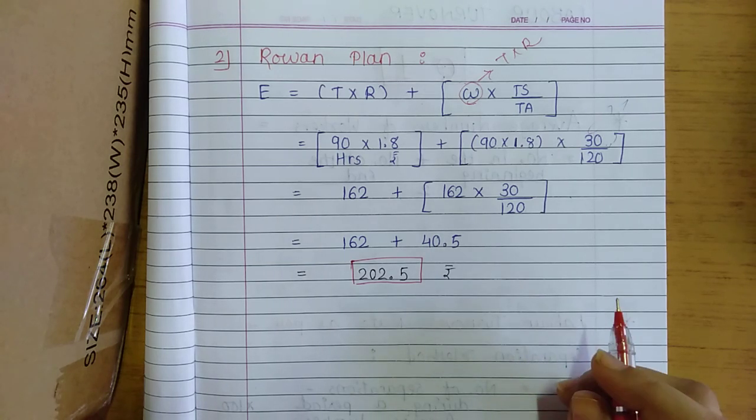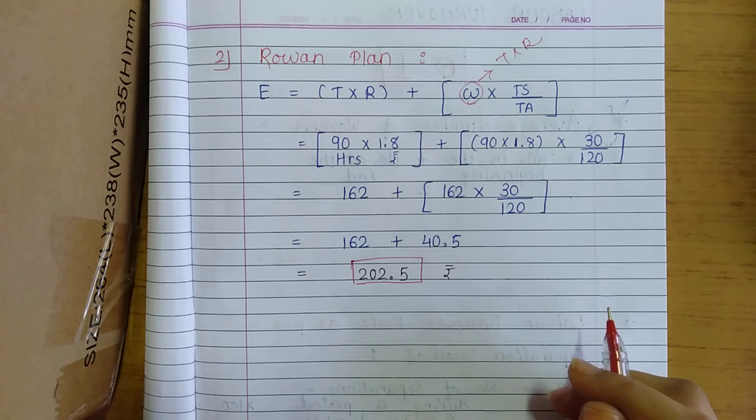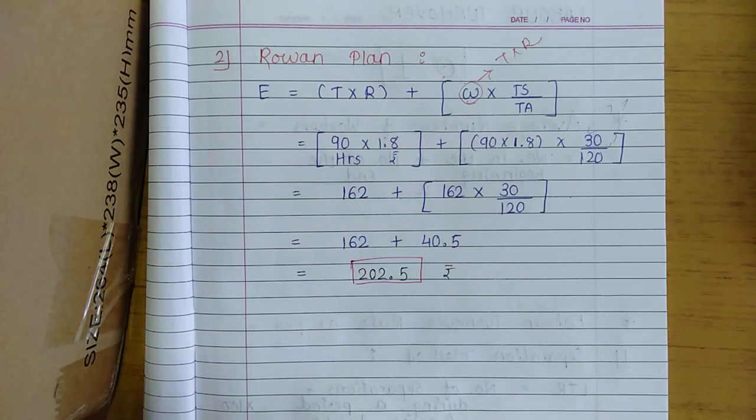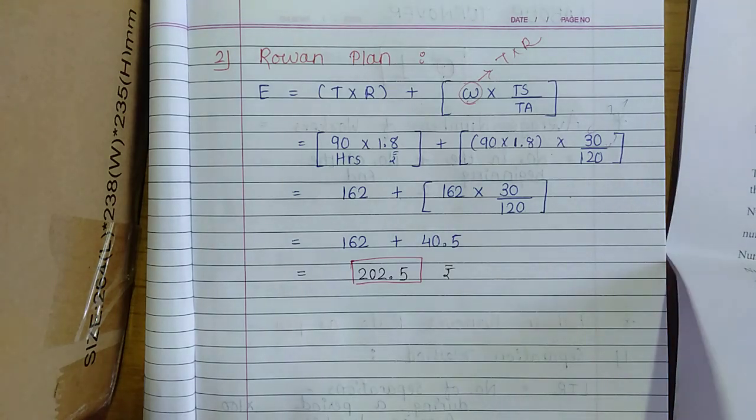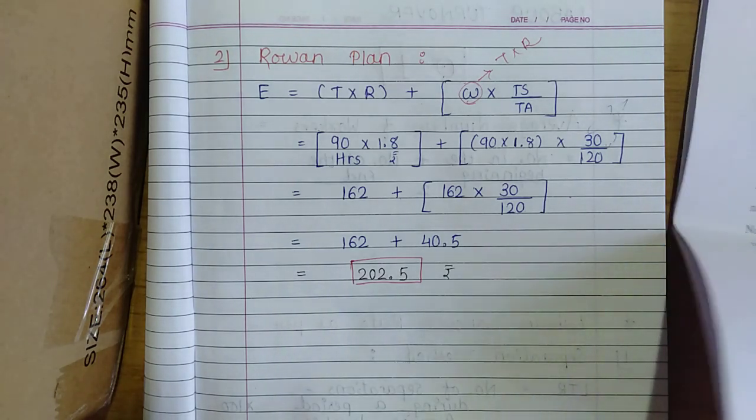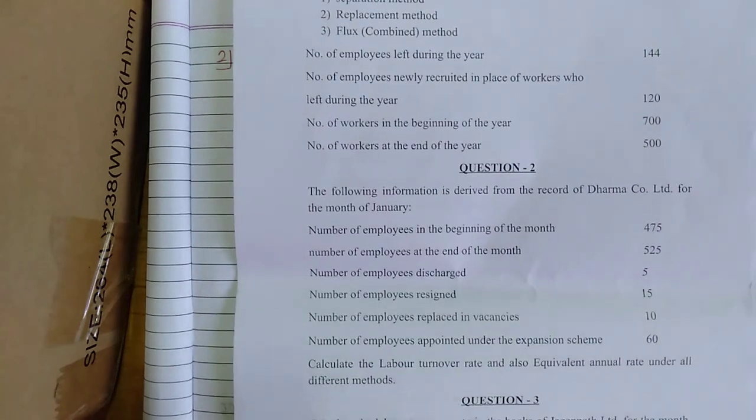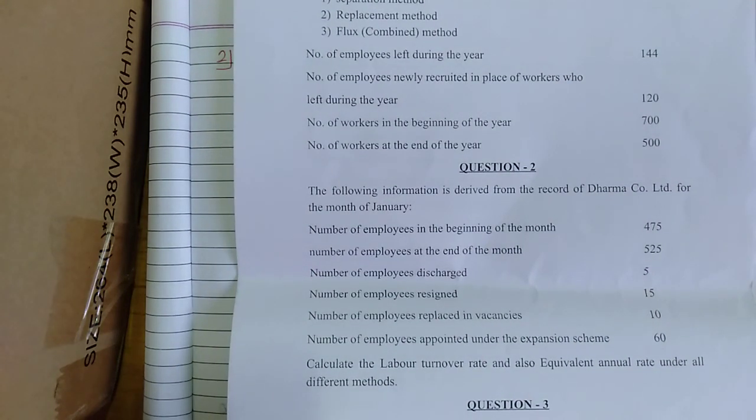So in this way we will find out the wages as per the two wage systems, that is Rowan and Halsey plan. So students, we have calculated a total of 18 sums, right? And an additional 4 sums are given in your homework, so total 22 sums are there.